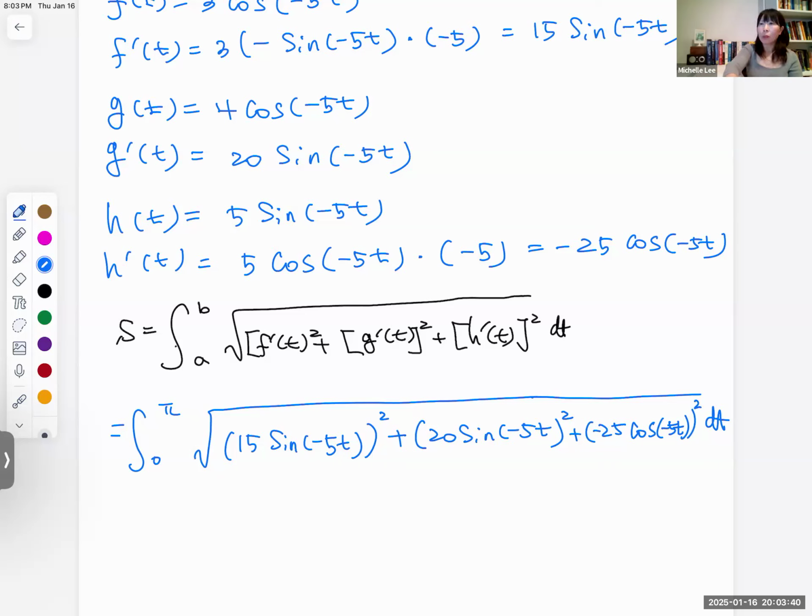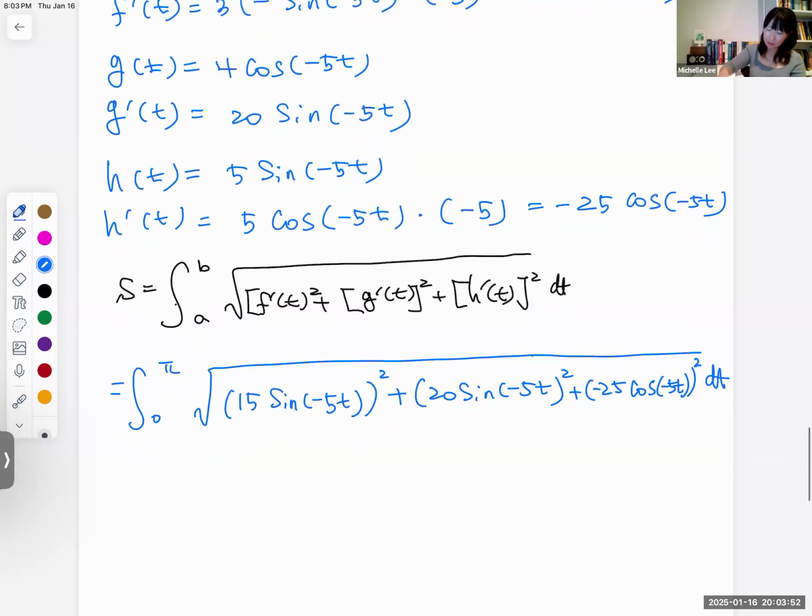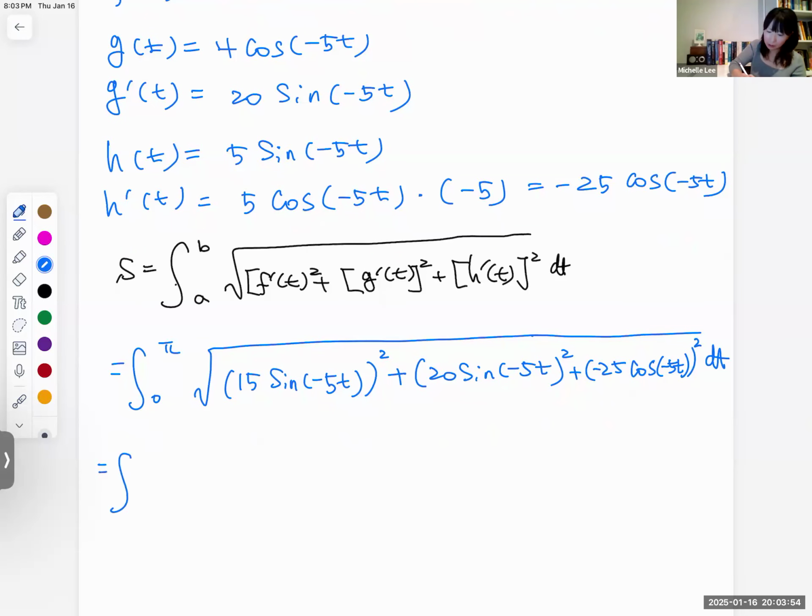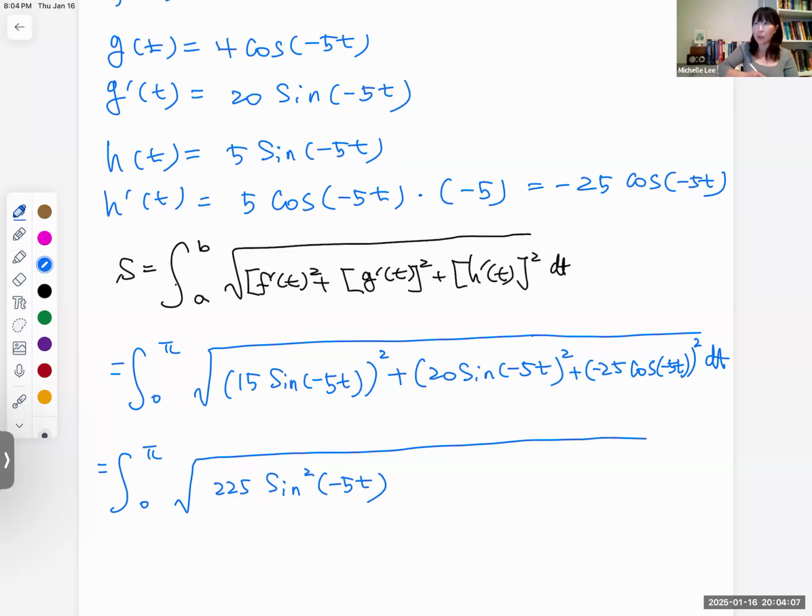So you do the calculation. 15 squared, what do you get? 225. So that will be the integral from 0 to pi of 225 sine squared negative 5t. We express it this way.